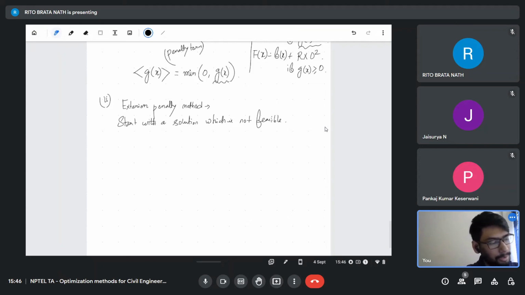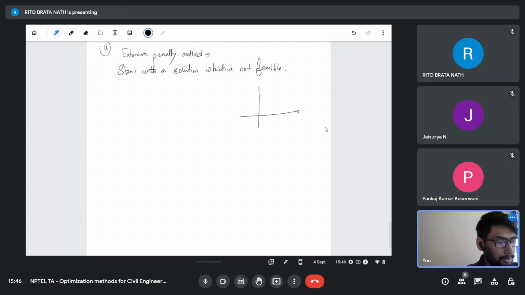So if this is your graph, and probably you have one constraint, say x equals 3, this is the x equals 3 line, and your constraint is on this side, so x greater than or equal to 3. So probably your curve is looking like this. Probably the minima is somewhere here. I've not drawn it properly. You can start from here, but then you are trying to get to the feasible region.